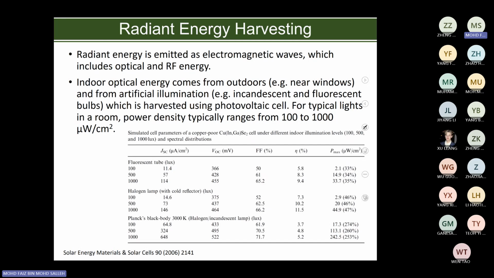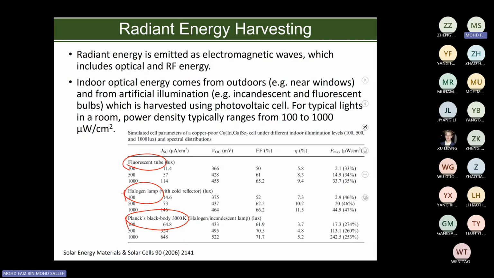Radiant, the electromagnetic, the solar irradiance. So it depends, for example, in this table, you can see you have the fluorescent tube, you have the halogen lamp, you have IR waves. So based on this irradiation, you also can produce power.